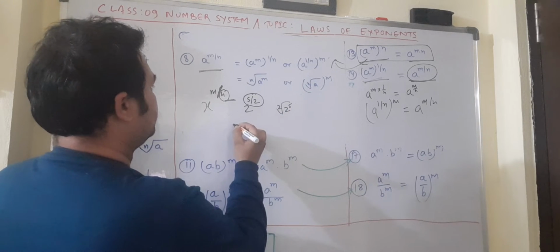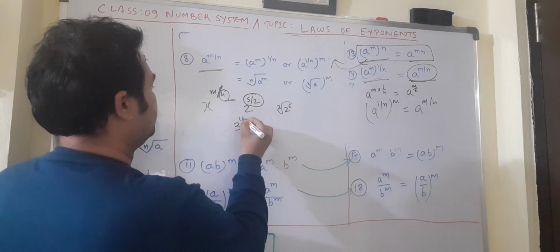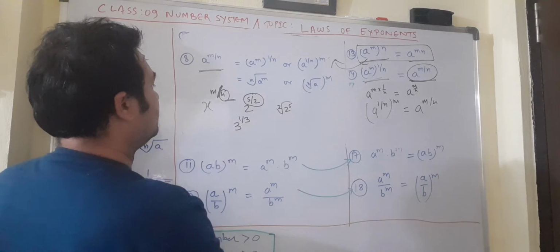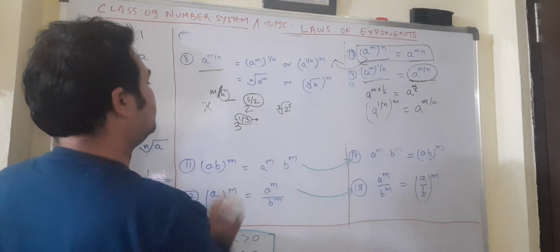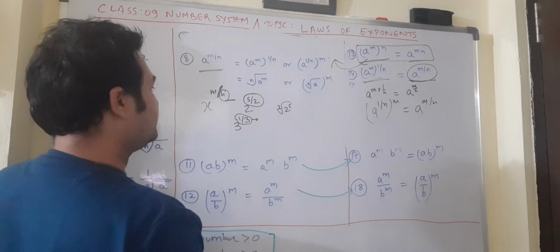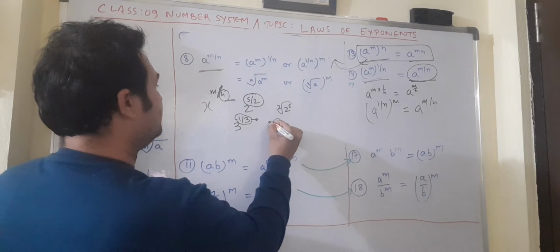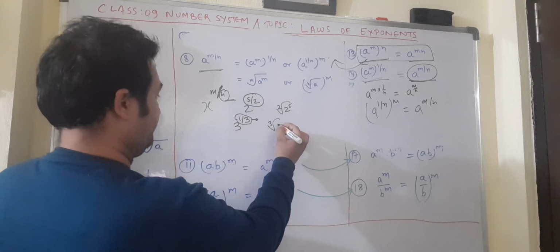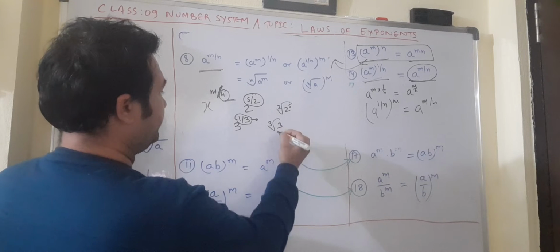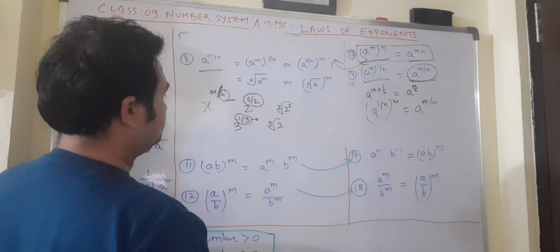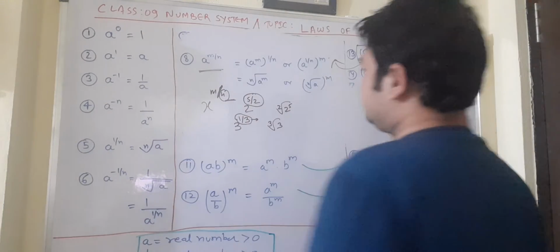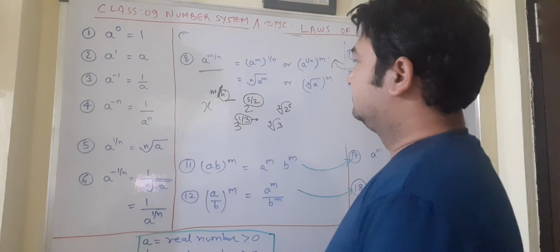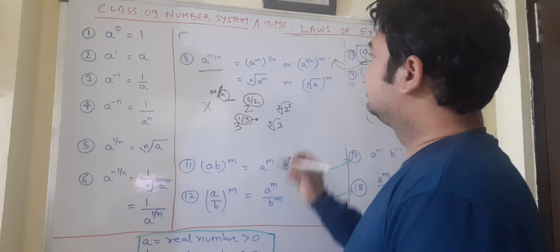If it is 3 to the power 1 by 3, what is that? A fraction, and the denominator of this fraction is 3. So as the denominator is 3, it will be the cube root of 3. Clear?